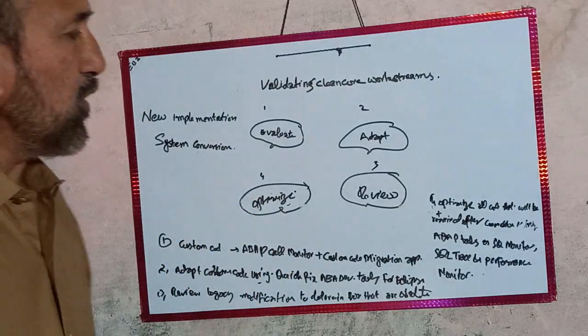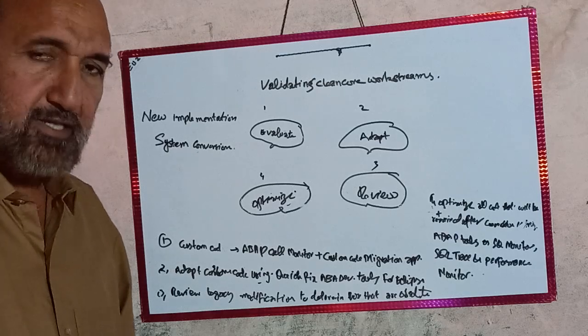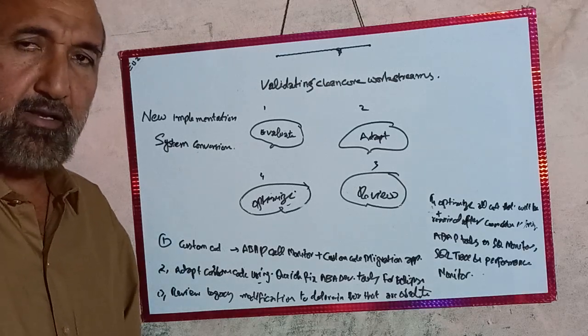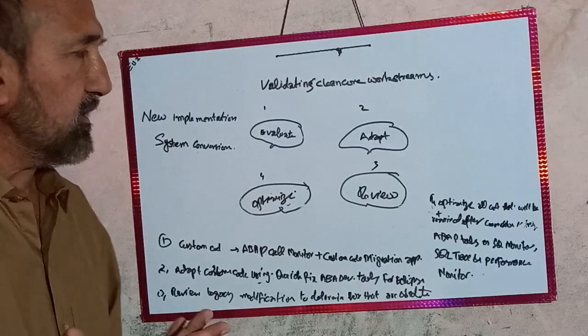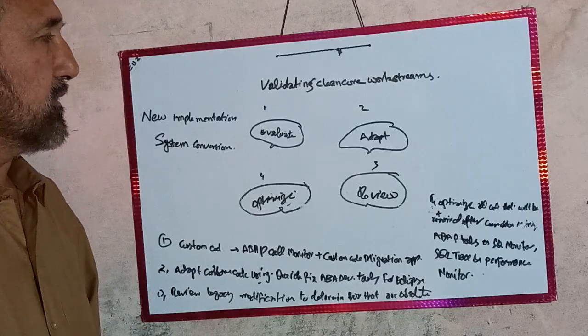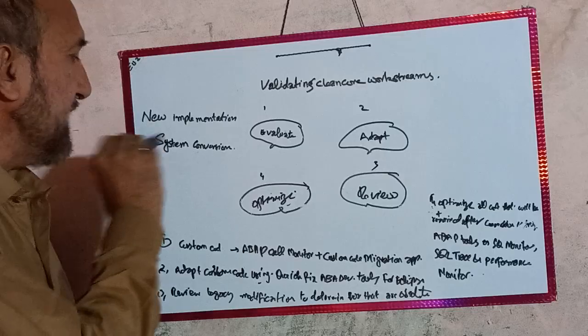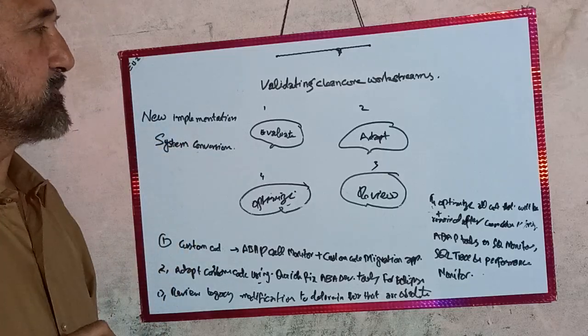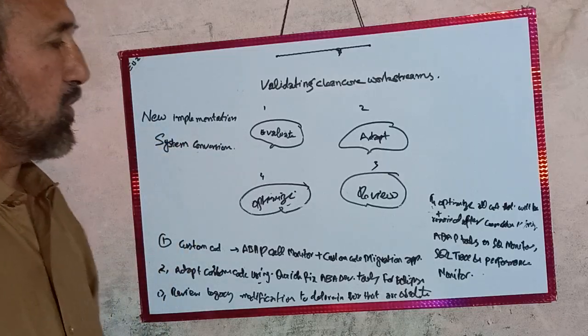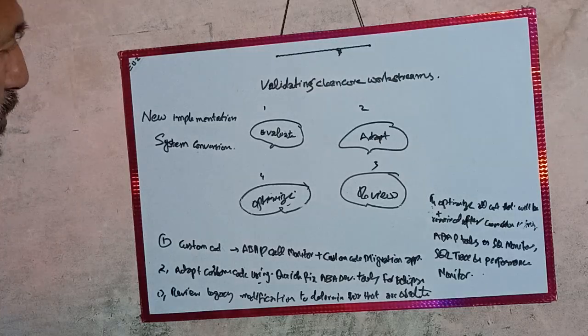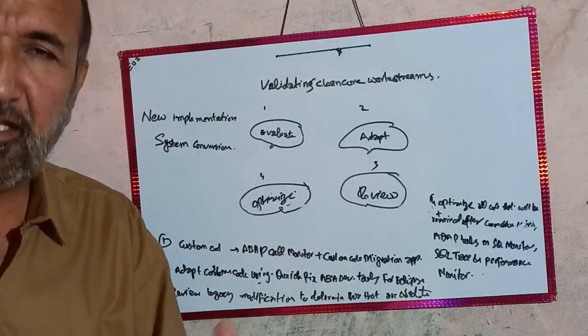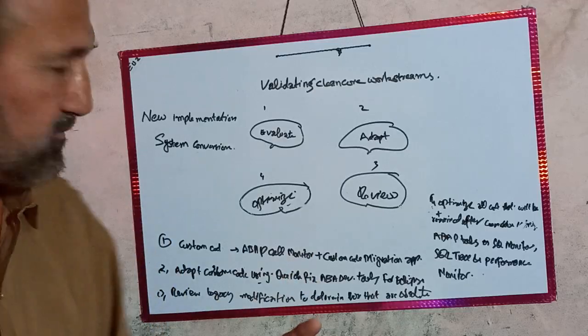So these 4 workstreams occur during the new implementation or system conversion. So how can we validate these workstreams?